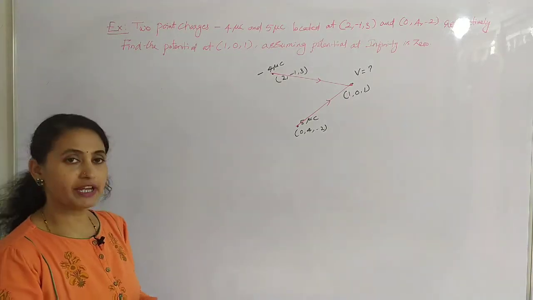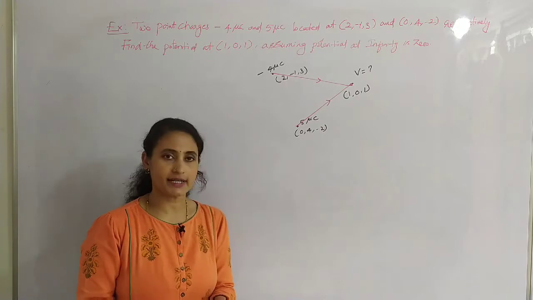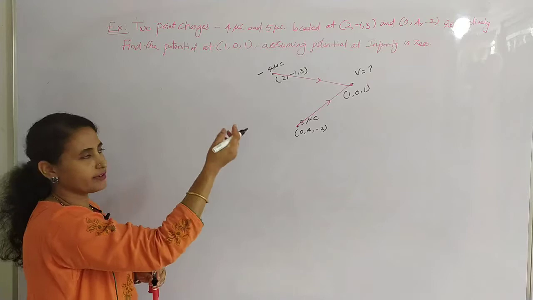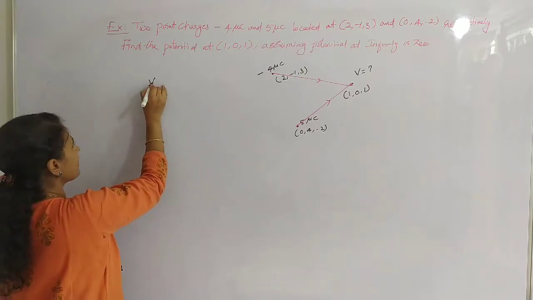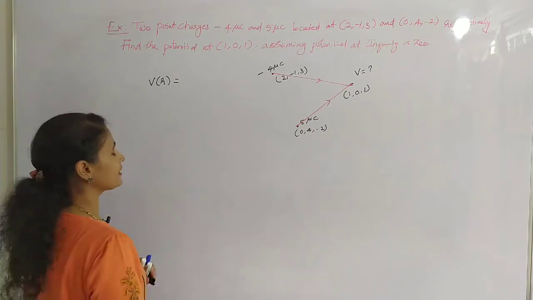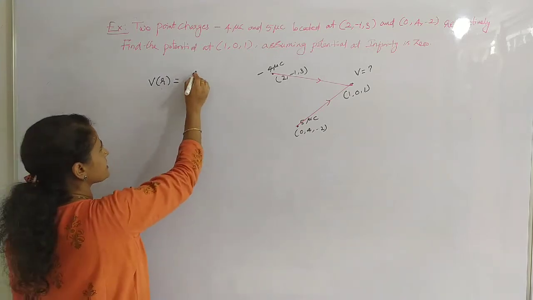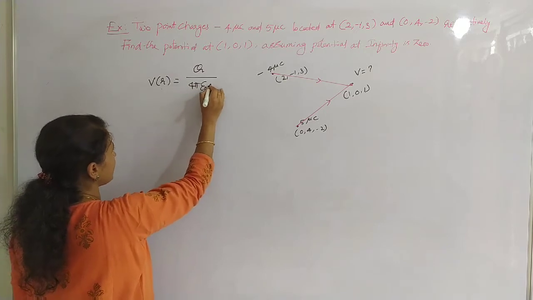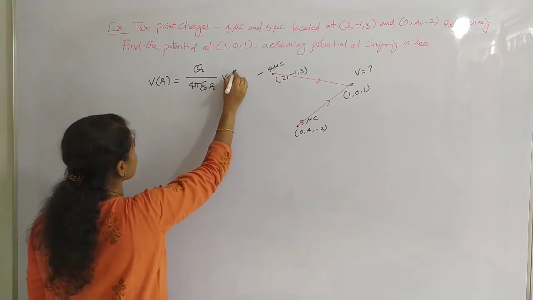We obtained the equation for electric potential in the last class. In case we have only one point charge, the electric potential V is given by Q by 4 pi epsilon naught R volts.